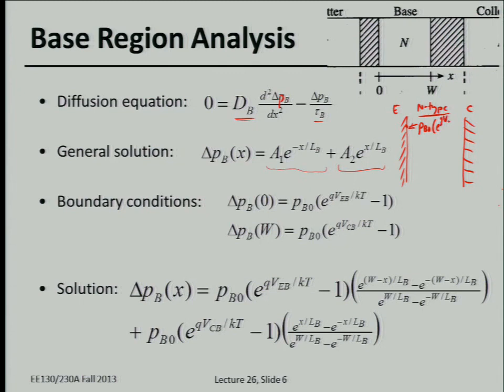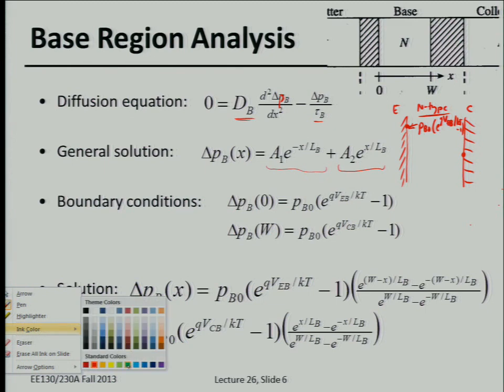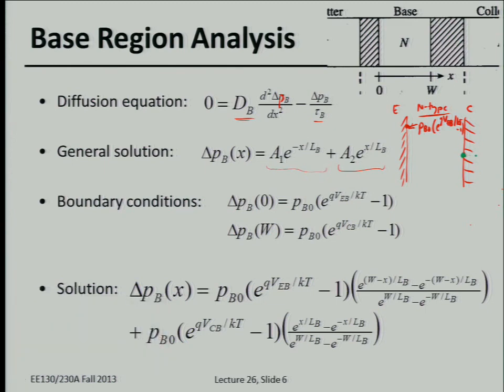So let's see, this is V_BE, right? We know that excess carrier concentration has to be, this is the law of the junction, elevated there. Let's draw a forward bias collector as well. Okay, so the collector junction, what would be the carrier concentration there?